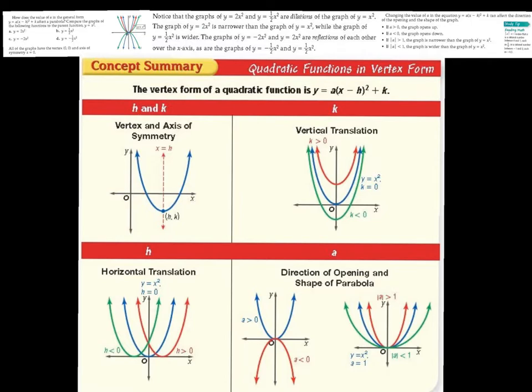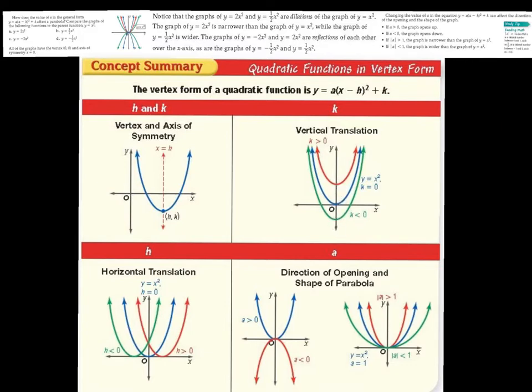Here's a nice visual summary of the vertex form of a quadratic function. We can start graphing by plotting the vertex and the axis of symmetry and using symmetry to graph the parabola. If k is negative, our parabola will be translated down. If k is positive, it's translated up.